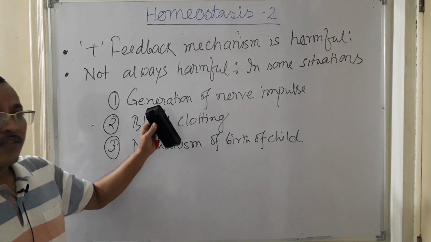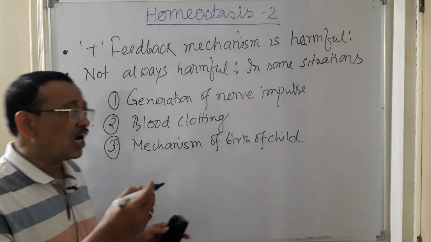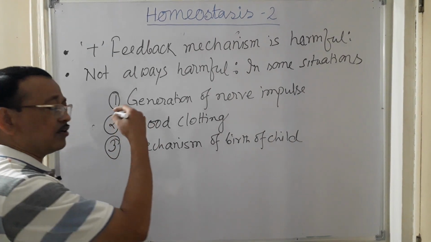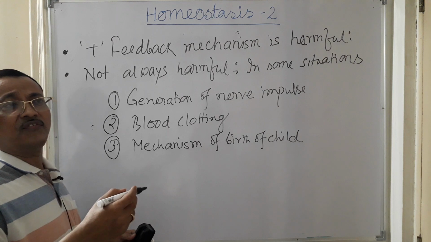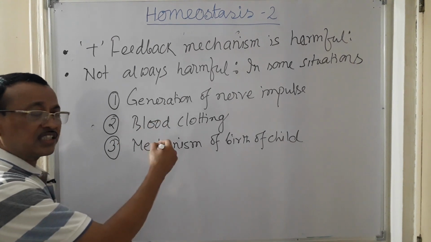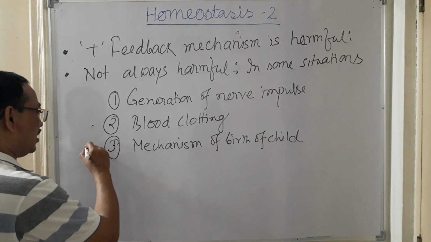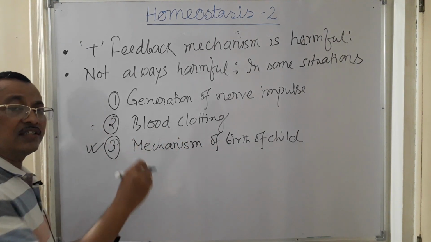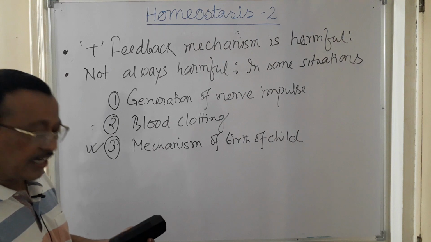So now let us see how this positive feedback cycle is getting maintained in each of these cases. For example, I will take this case and that will be discussed in greater detail.